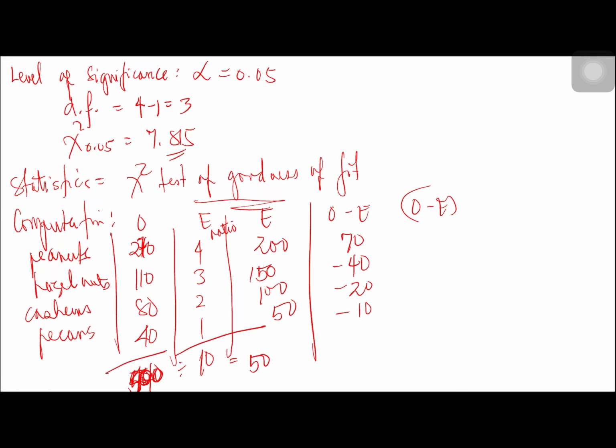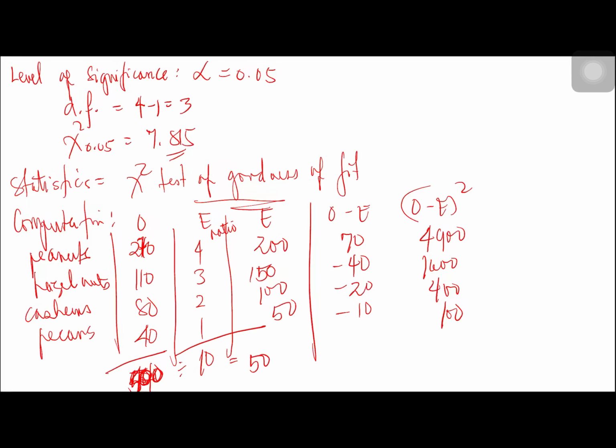Okay? So for the observed minus expected squared, we have 70 squared, that is 4,900. We have negative 40 squared, that is 1,600. And then we have negative 20 squared, that is 400. And we have negative 10 squared, we have 100.